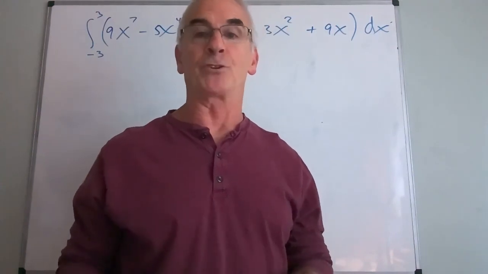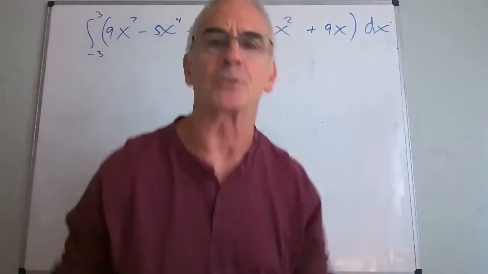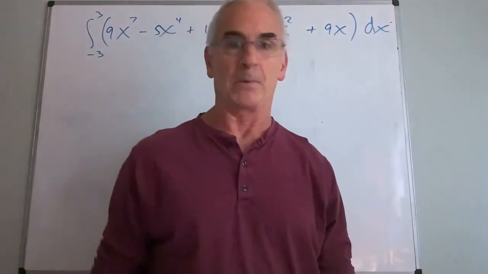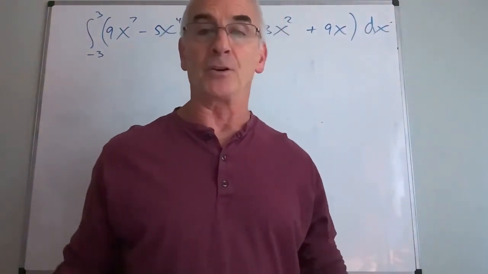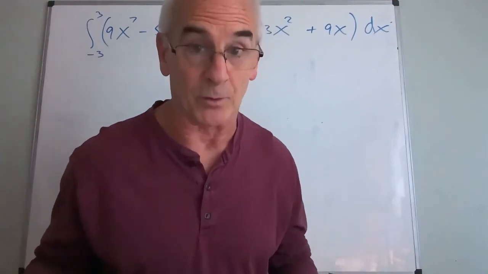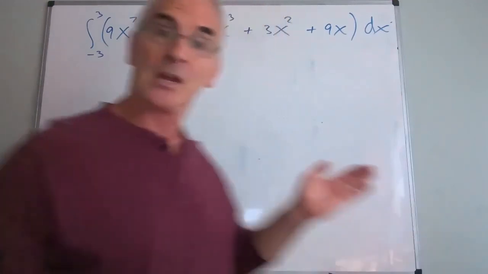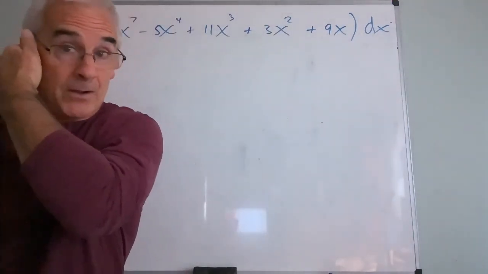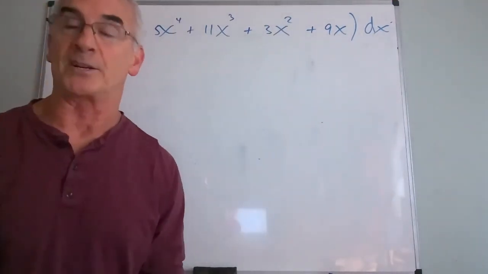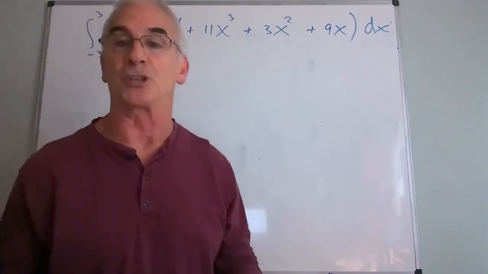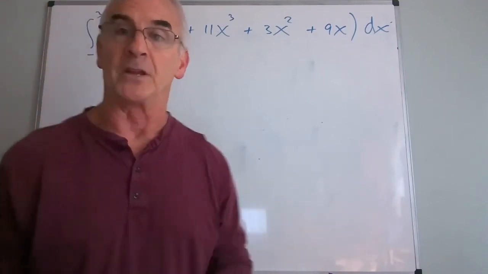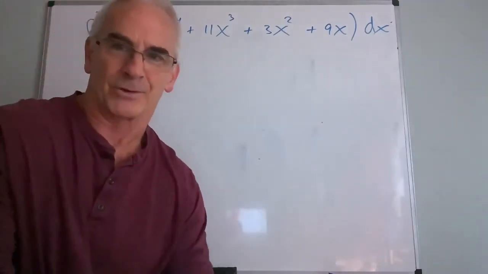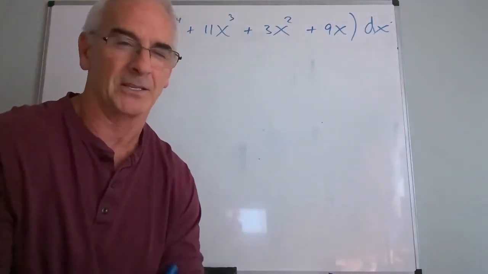If I just said, write down 100 functions on a piece of paper, one of them might be odd, one of them might be even, probably not very many, because a function isn't odd or even in general. Those are very, very special functions. This whole function is neither odd nor even. My exponents are not all even, and they are not all odd. So polynomials in general are neither odd nor even. So I can't use any of those symmetry tricks, can I? Or can I? Remember, think lazy.